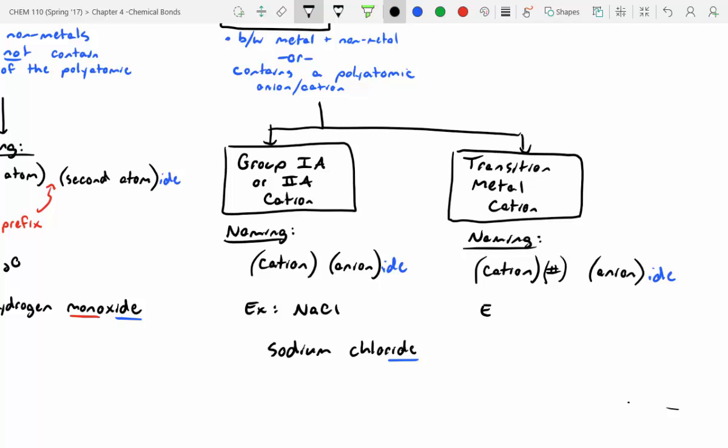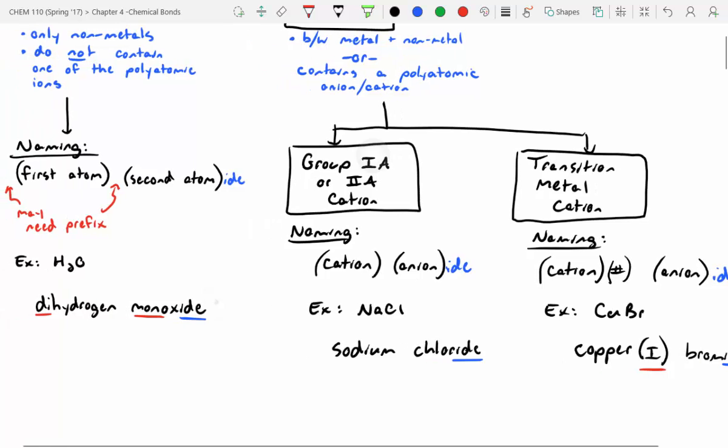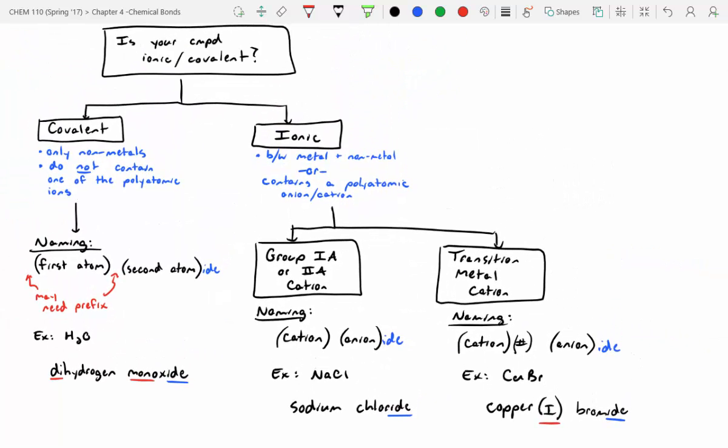So our example here could be something like, let's just stick with one we've already covered, CuBr, where it'd be copper 1 bromide. And we have to remember the Roman numeral for those. Does that make sense? I know this is confusing at first, but the more you practice it, the easier it becomes. So let's do a few practice ones, and then we'll see if we have time to work on the worksheet today.